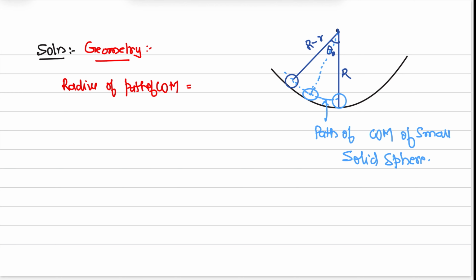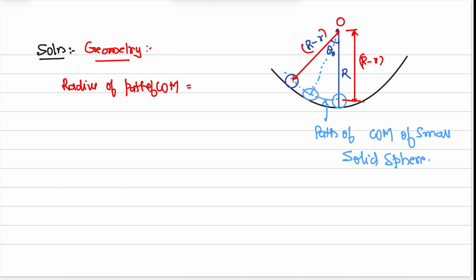What is the radius of the path of the COM? This is R minus r. Small r is the radius of the small sphere and capital R is the radius of the whole sphere. Then R minus r is the distance from the center of the hollow sphere to the COM.